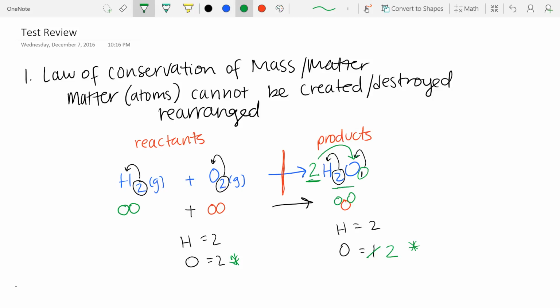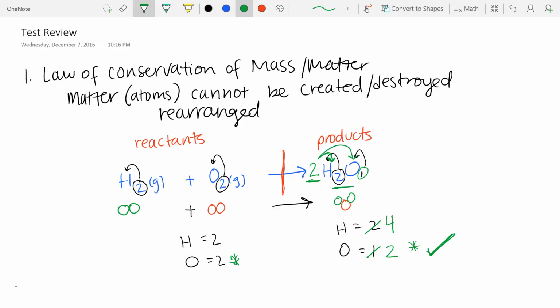But hydrogen and oxygen are bonded, meaning what happens to one happens to the other. So I'm also going to end up multiplying my two hydrogens. And so that means 2 times my two hydrogens is now 4. Well, I have two oxygens on both sides, which is excellent, but now my hydrogens are messed up.